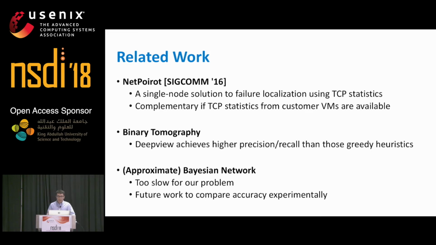For this set of algorithms, we're able to show that Deepview can actually achieve higher precision and recall in experiments. Finally, there's the use of Bayesian networks for failure localization. Despite trying really hard, using various kinds of approximation techniques, we still find Bayesian networks to be too slow for our problem. And it is our future work to compare accuracy with them experimentally.